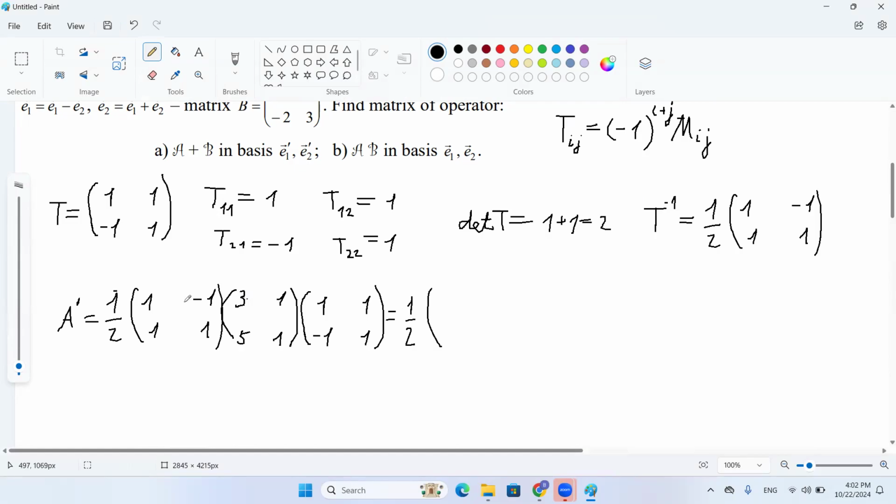Okay, 3, 3 minus 5. Let's write it in detail as well. Then 1 minus 1, so just 0. 3 plus 5. And 1 plus 1. Okay, let's write 2.